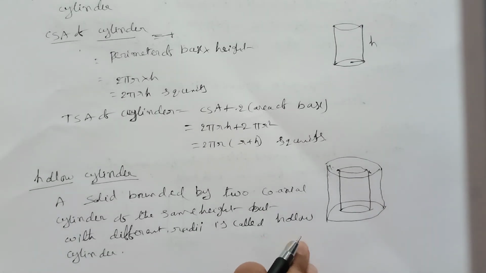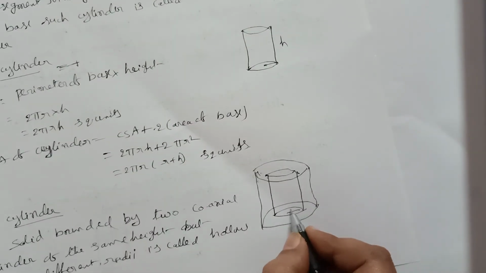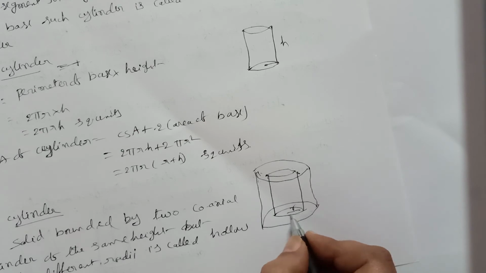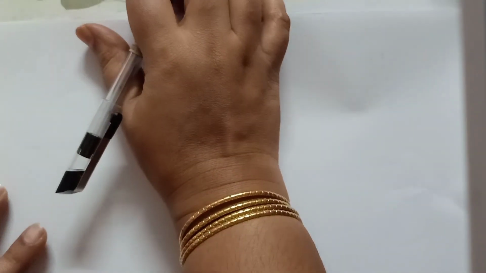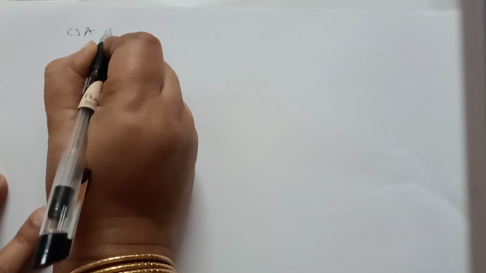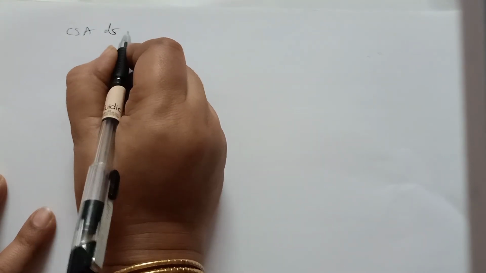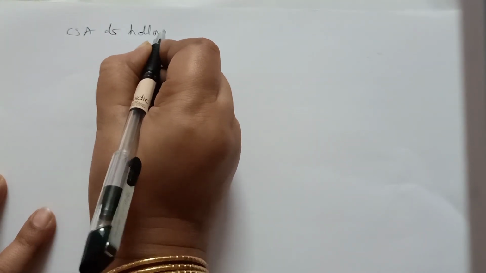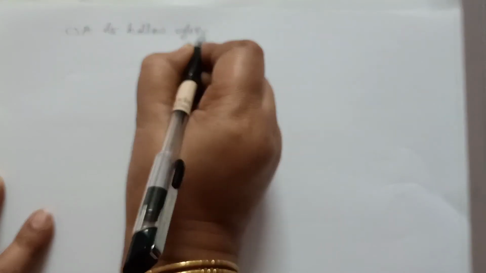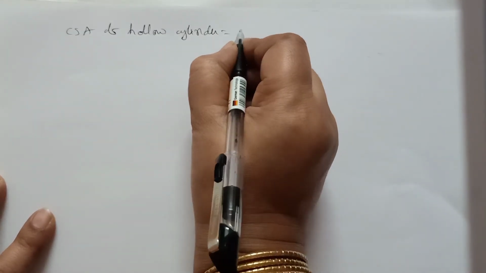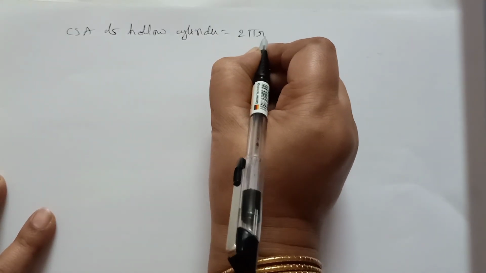So what is the CSA of a hollow cylinder? The inner circle radius is small r and the outer circle radius is capital R. CSA of hollow cylinder: for the inner cylinder, 2 pi r h is the CSA.